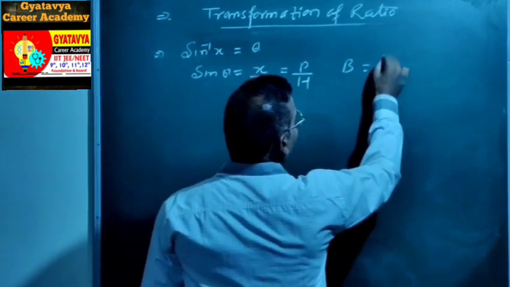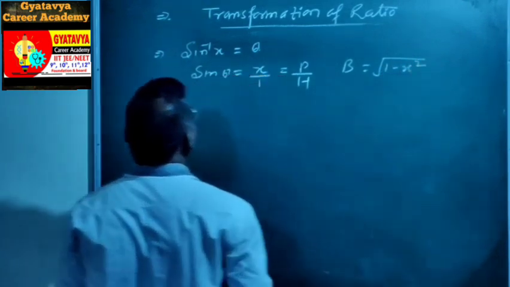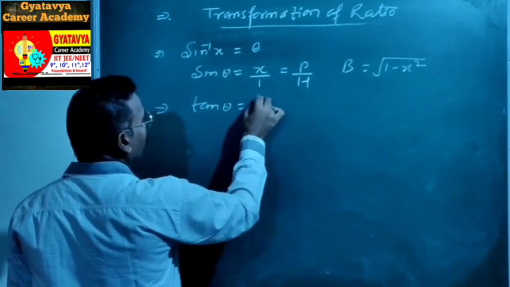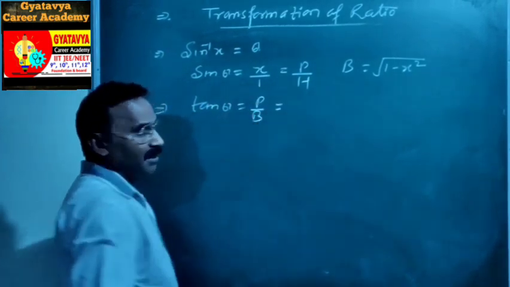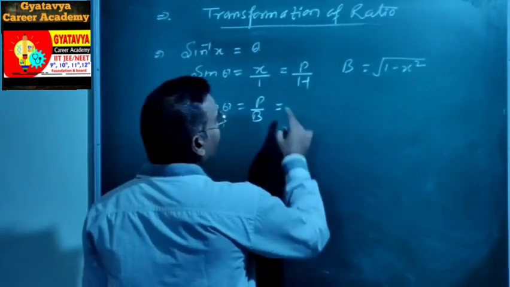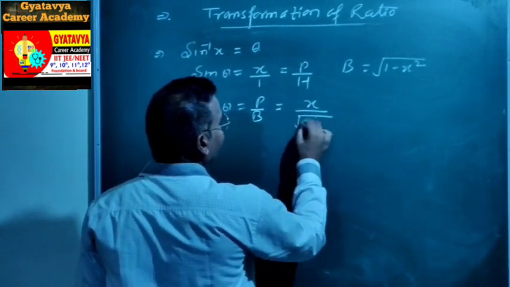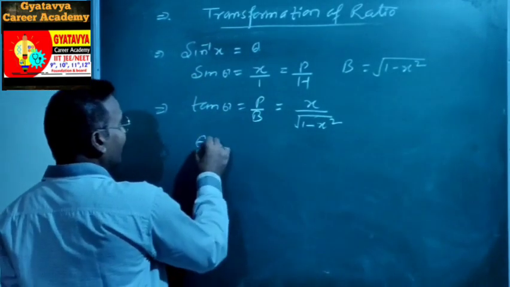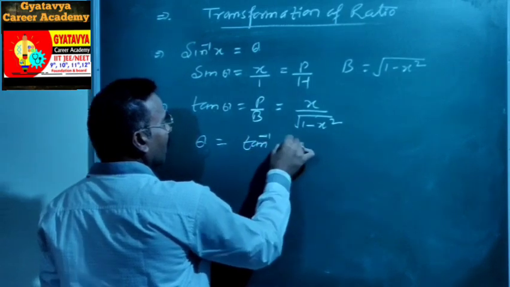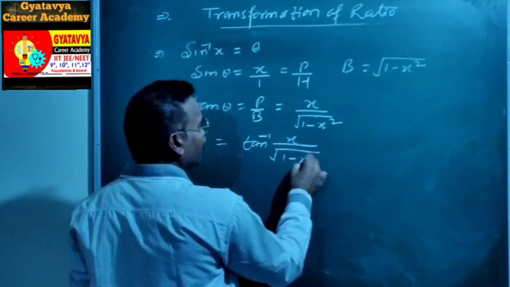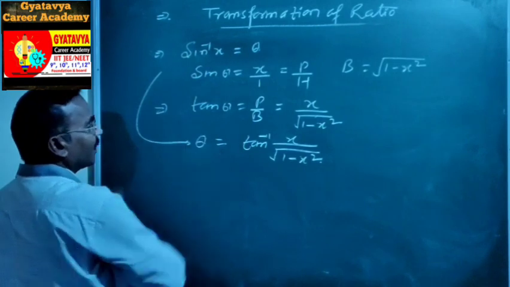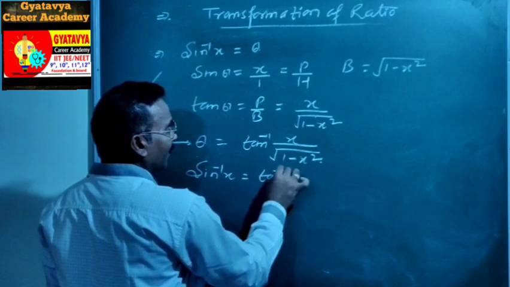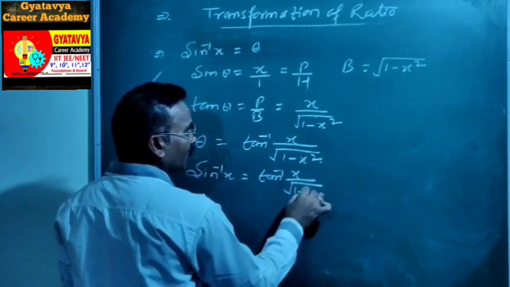What is the base? The base is root of 1 minus x square. So for tan theta, which is p upon b, the perpendicular is x and the base is root of 1 minus x square. Now convert to inverse trigonometric function. So theta is tan inverse of x divided by root of 1 minus x square, and theta is sine inverse x. So sine inverse x is equal to tan inverse of x divided by root of 1 minus x square.